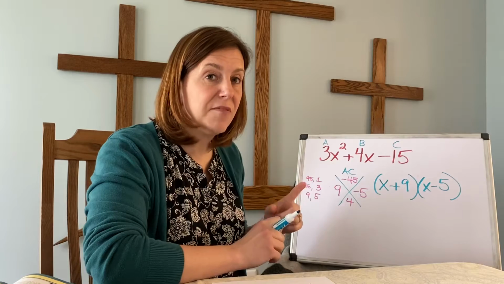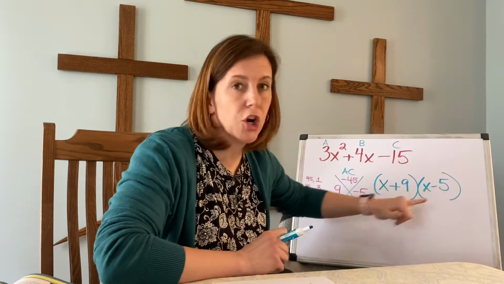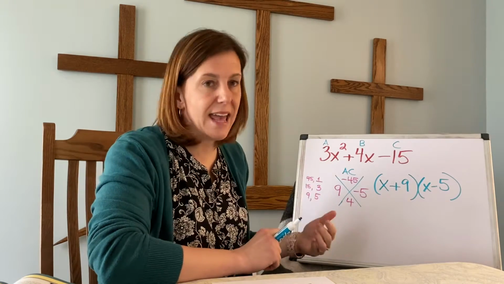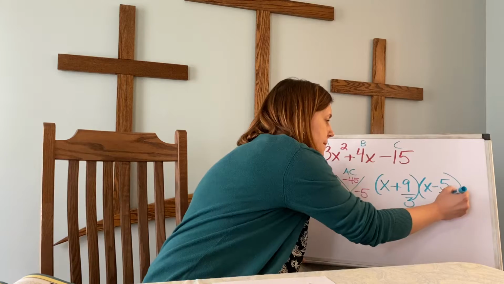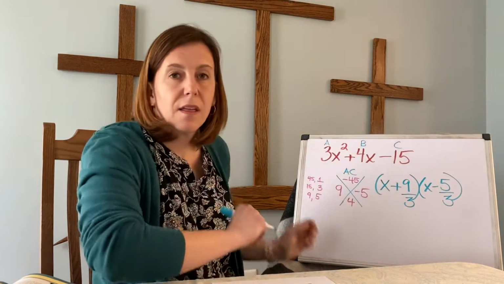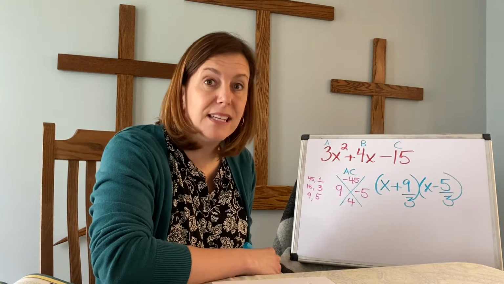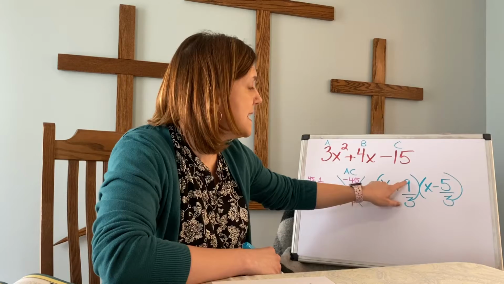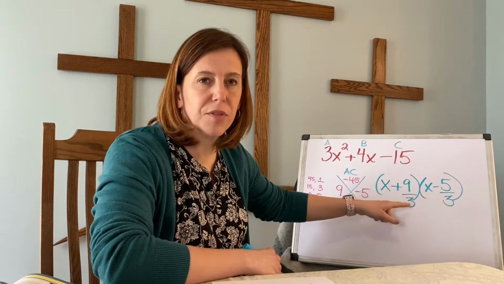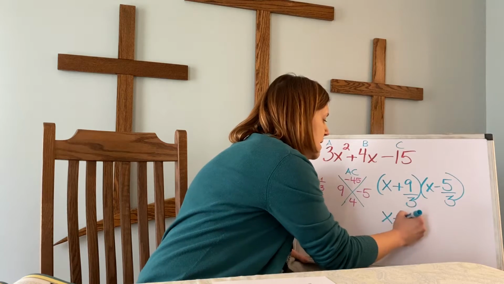So step 5 tells me that I'm going to divide my second terms by my A, or by my 3. And in step 6, I need to simplify this and reduce it. X plus 9 over 3. Well, 9 over 3 is 9 divided by 3, and that divides evenly to this.